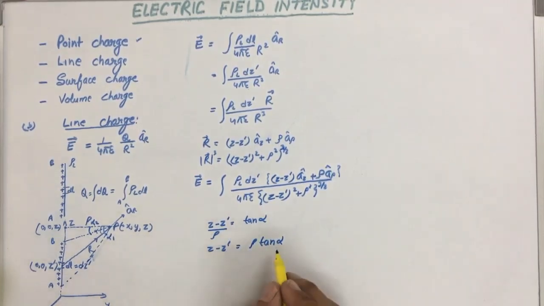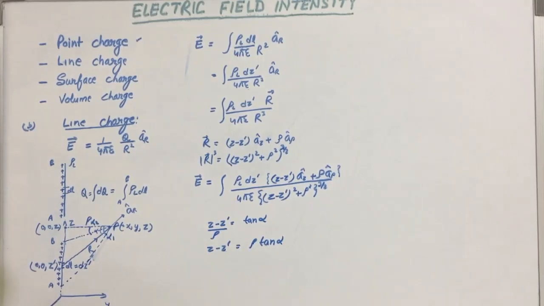If we apply the limit from alpha 1 to alpha 2 in this case, then we can find... okay, hold on, for applying the limit, z minus z dash can be written as rho tan alpha.